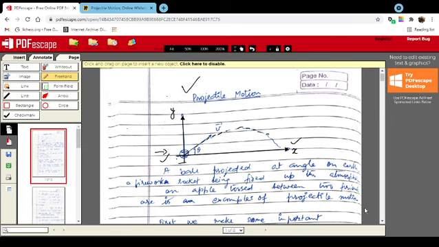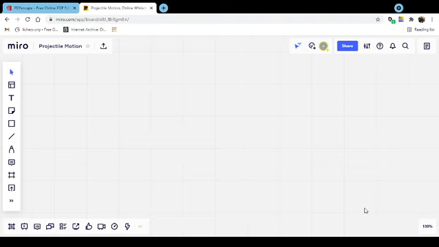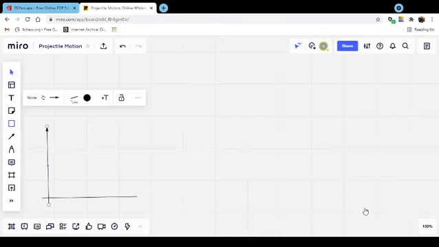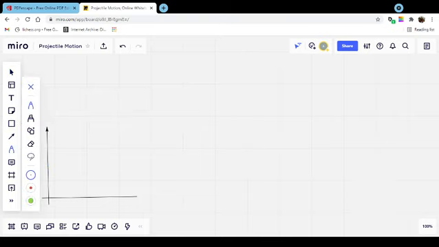So let us start. First let us draw a simple graph. This is our x-axis and this is our y-axis.